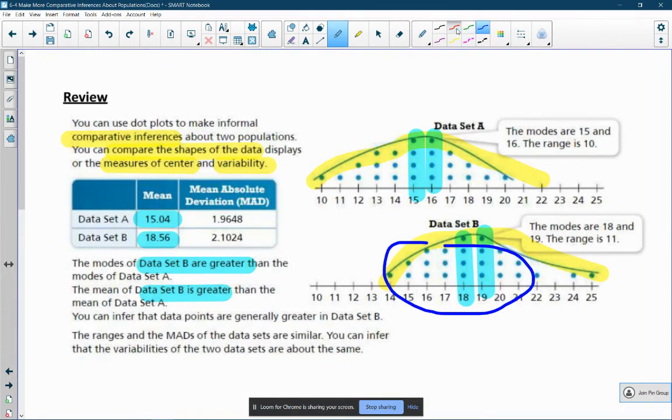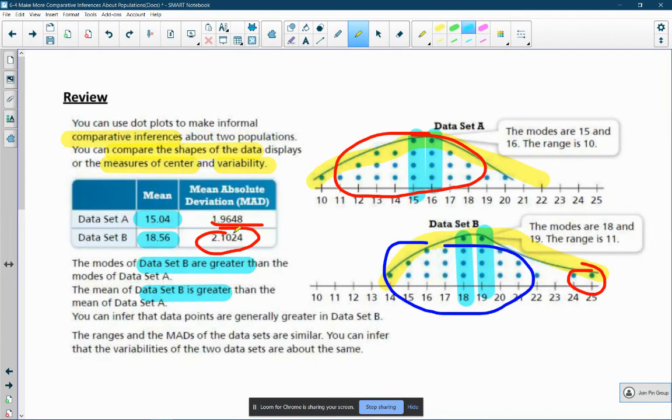Look at these two little guys right over here. We would call those outliers. They're going to make the mean absolute deviation a little bit bigger, because they're not as packed. These are more tightly wound up together. That's why it's a little bit lower. Now they are pretty similar. 1.9 is very similar to 2.1. So we can say that the variability is about the same.